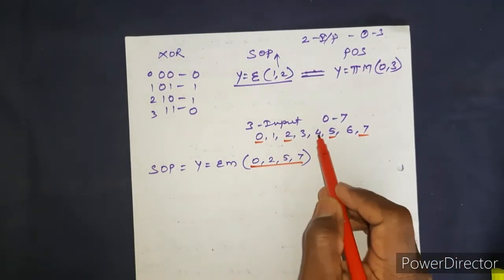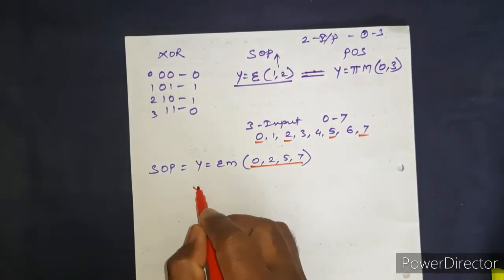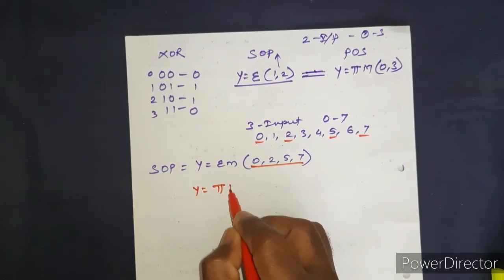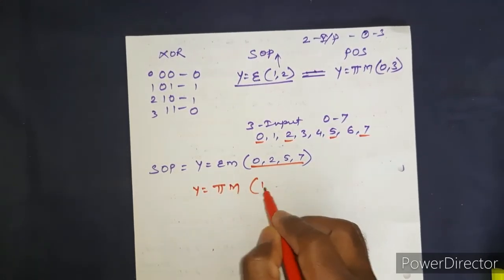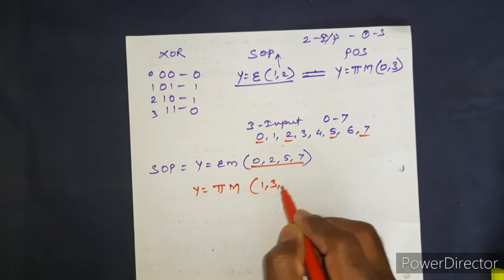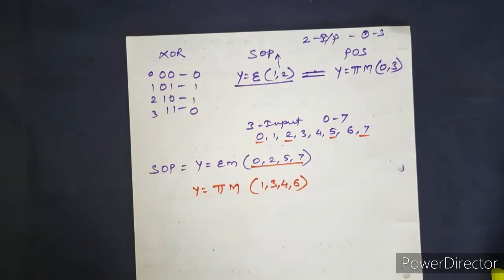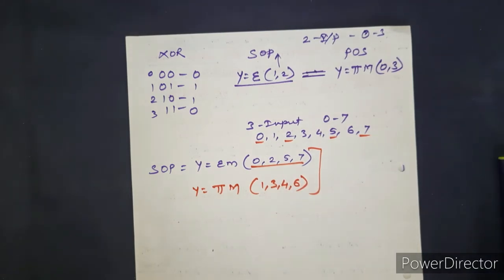The remaining numbers now directly correspond to POS, so it is 1, 3, 4, 6. This is also one equivalence of SOP and POS. This is another important concept.